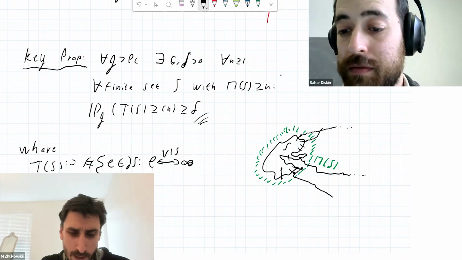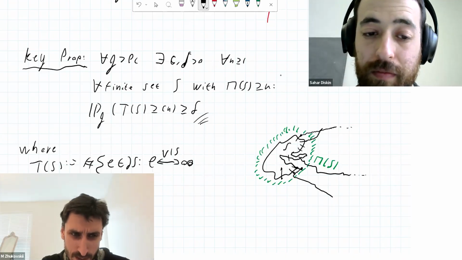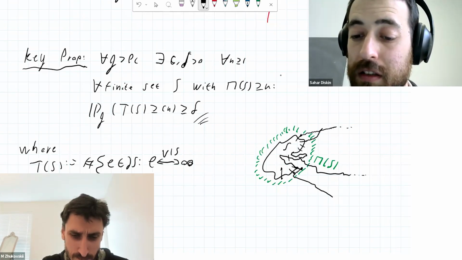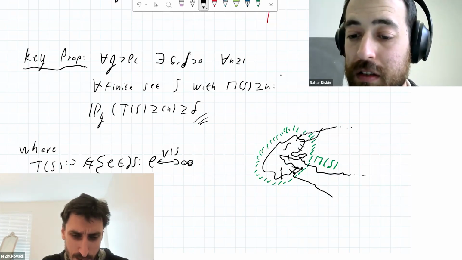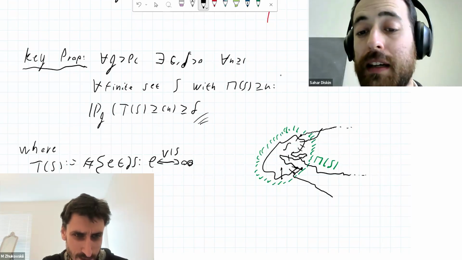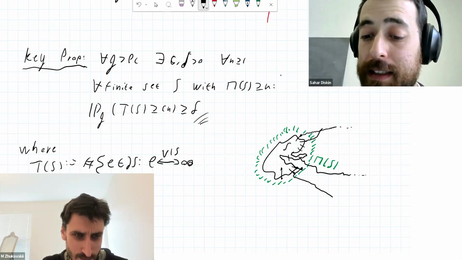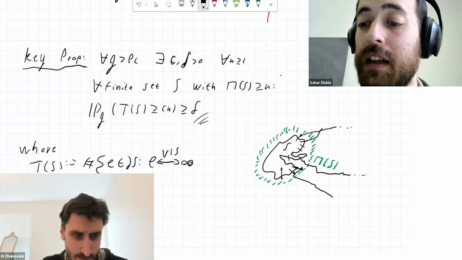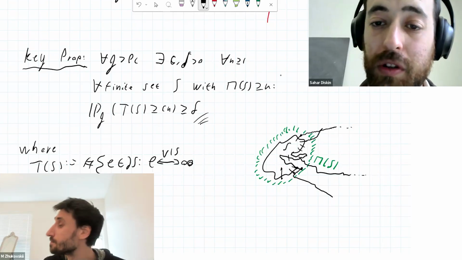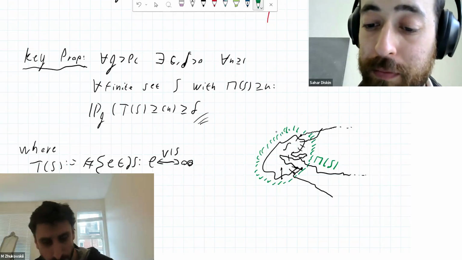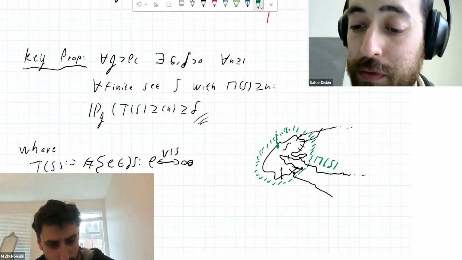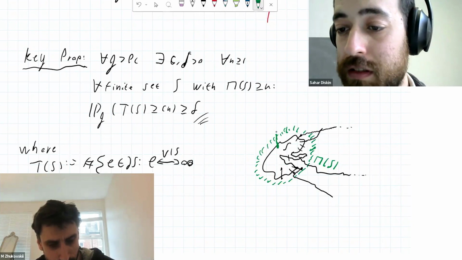Sorry. Again, pi of S counts edges as well, right? Pi of S is just edges. Yes. But it's not edges that lead it to infinity. No, these are the edges, the minimum edge cut set that separates S from infinity. It could be that some of them are in the boundary of S, and it could be that some of them are not in the boundary of S. I see.